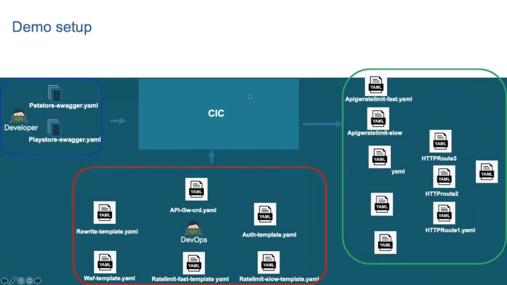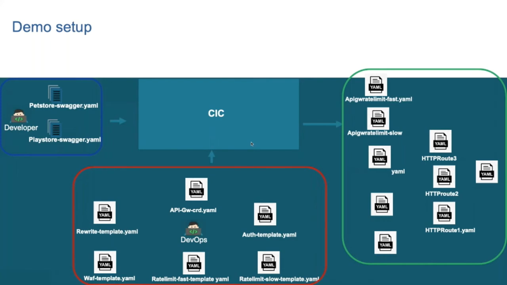Now the component which does the magic, or acts as a GitOps agent in our case, is our Citrix ingress controller. This is an ingress controller used for configuring Citrix ADC in Kubernetes environments. So we added Git Watcher and Swagger parsing features into it to double as a GitOps agent as well.